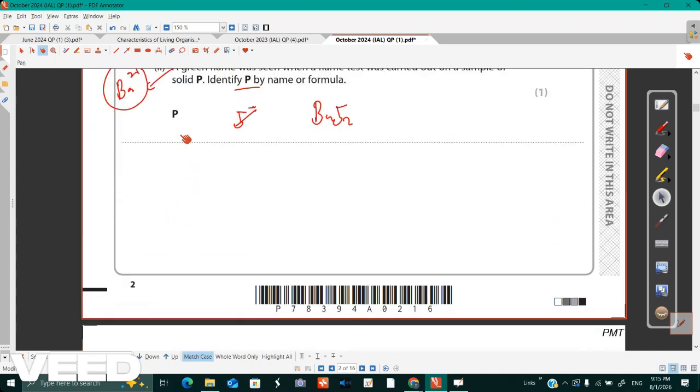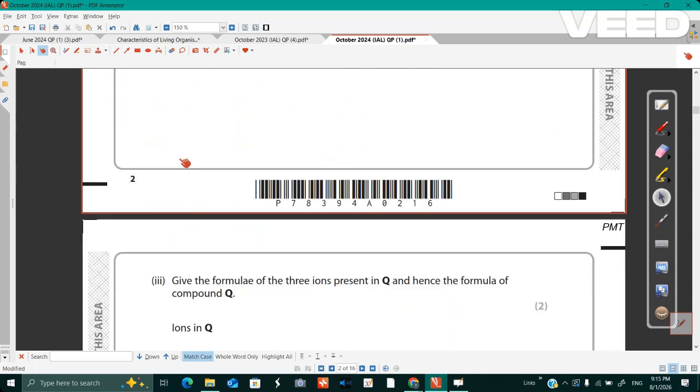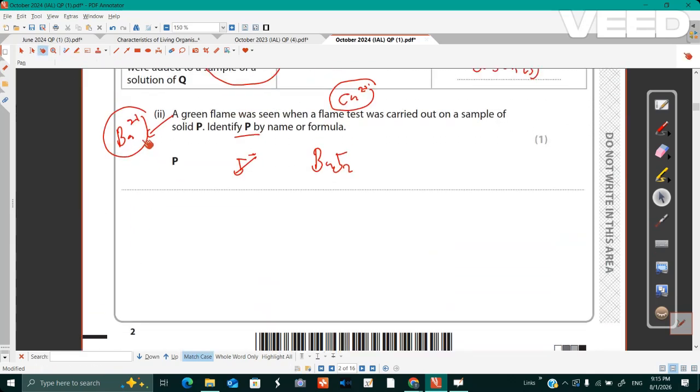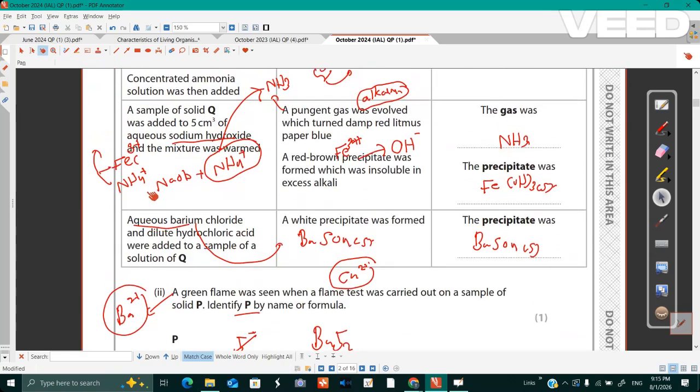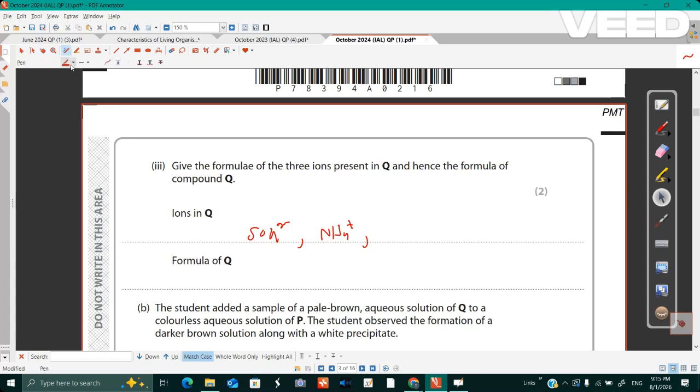The three ions in Q: we identified sulfate, SO4 2 minus. The cation we identified was ammonium, NH4 plus, from which we released ammonia gas. And the other one is Fe3 plus, ferric ions.